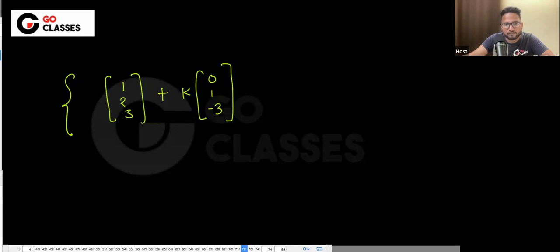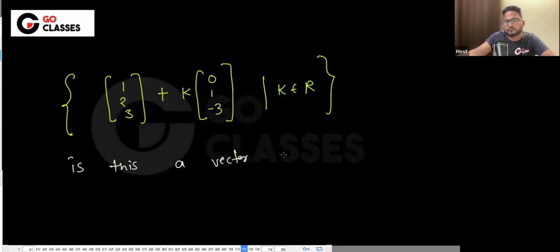Is this a vector space? What do you think? Can you get zero?